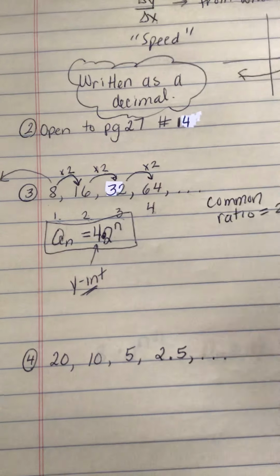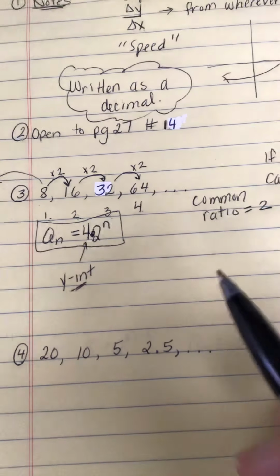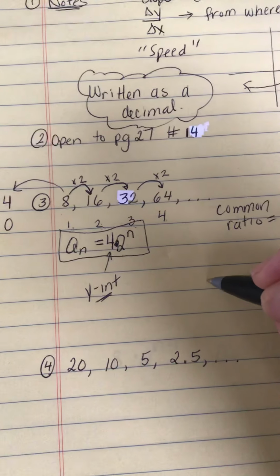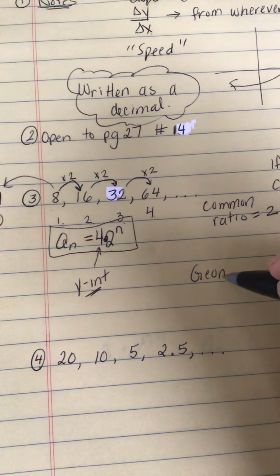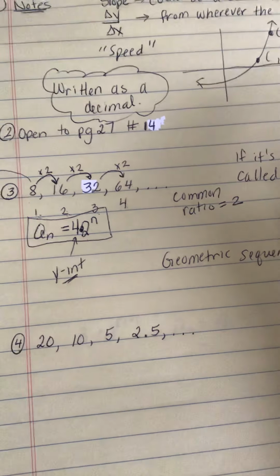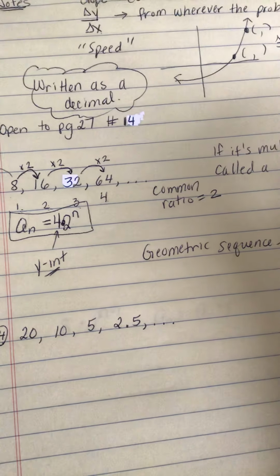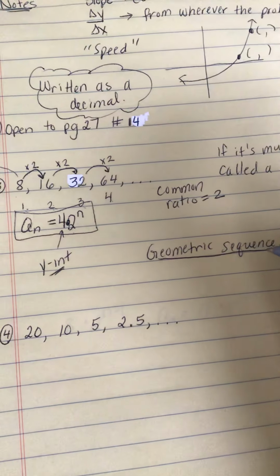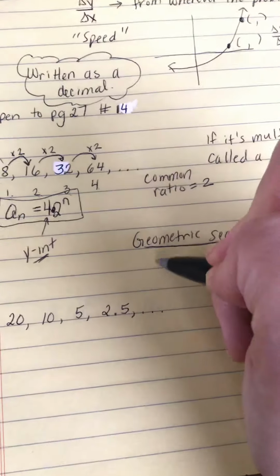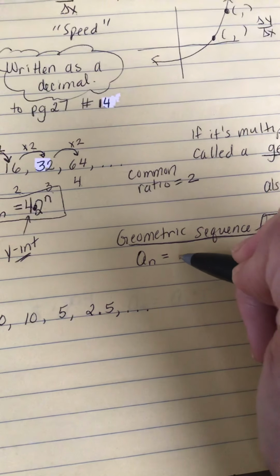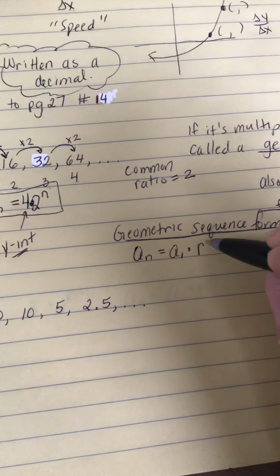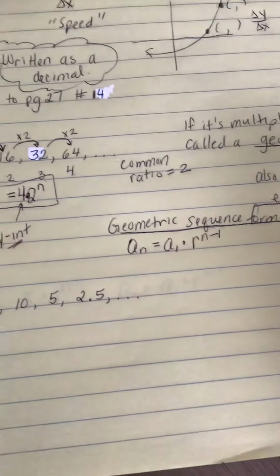It's your explicit formula. Okay, so now we're going to do the geometric sequence formula. Again, you could write it either way, but you need to know how to do both because this could be a multiple choice question. So a sub n is equal to the first term times the common ratio raised to the n minus 1.